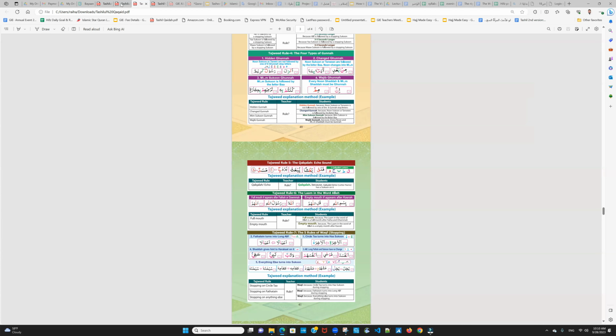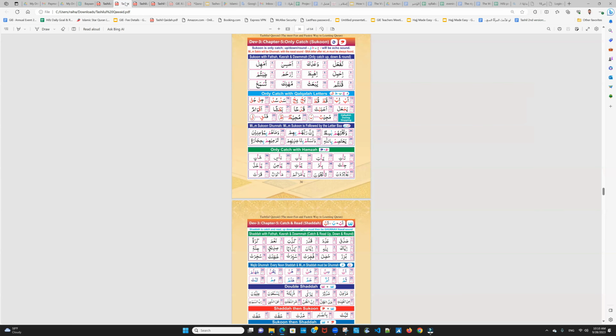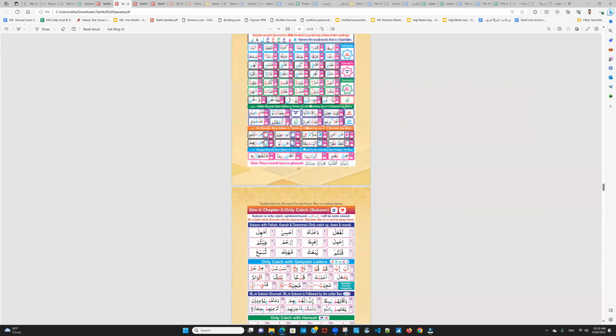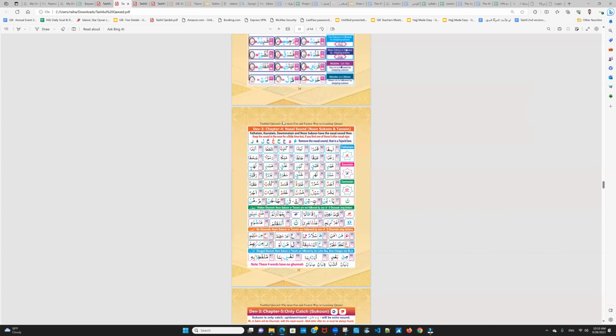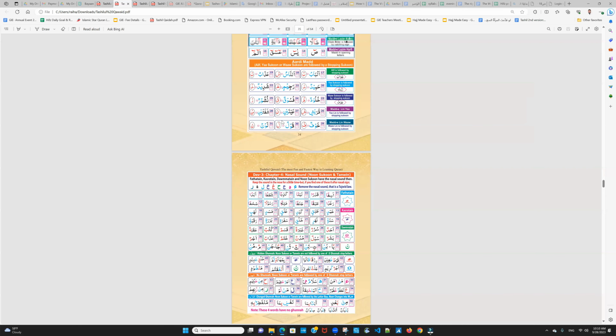Next, level 7, which is the revision of all 5 sounds from the beginning without spelling. It will have 2 parts, as you can see in the syllabus.